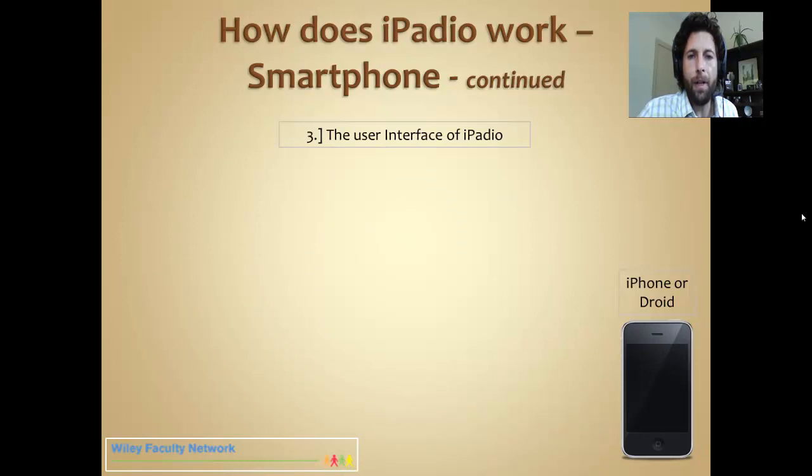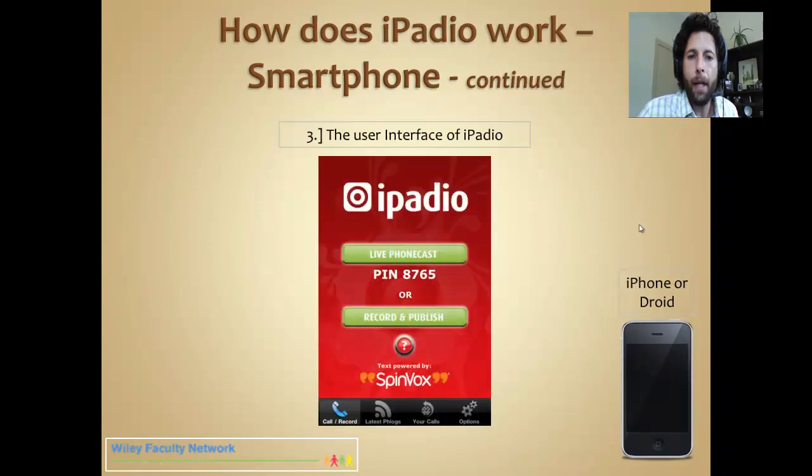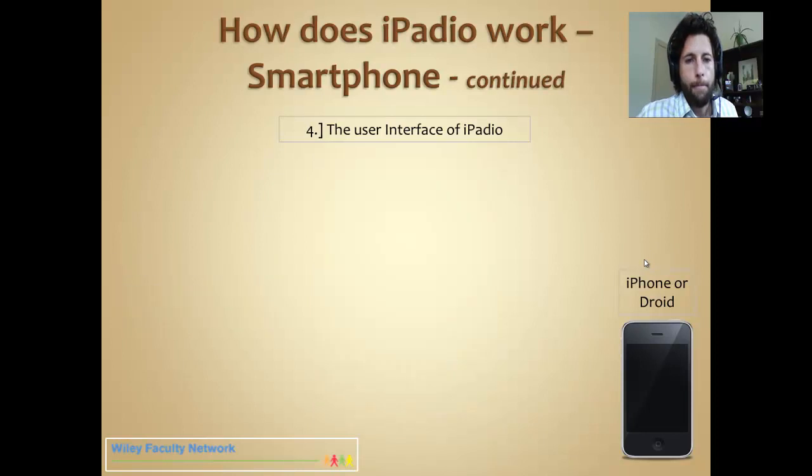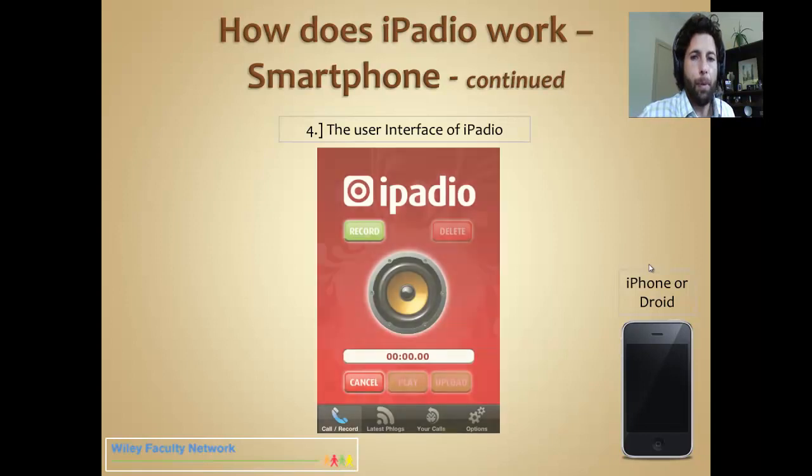As far as the interface of iPadio, once you kick off the app, you have the opportunity to click on record and publish, which will give you the opportunity to record your first lecture presentation. The user interface, step number 4.